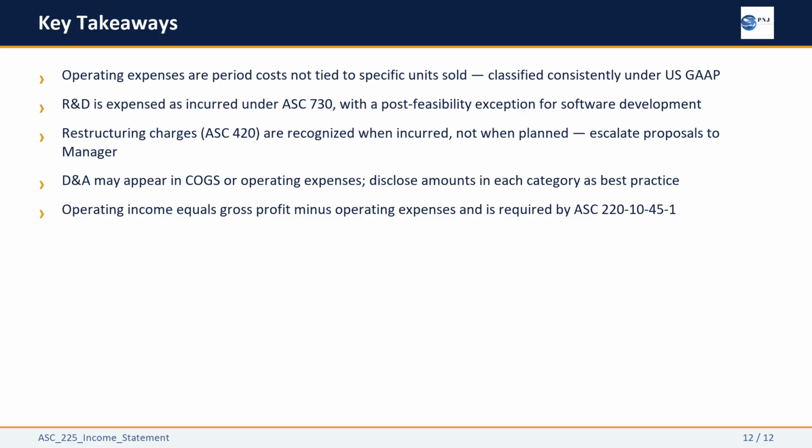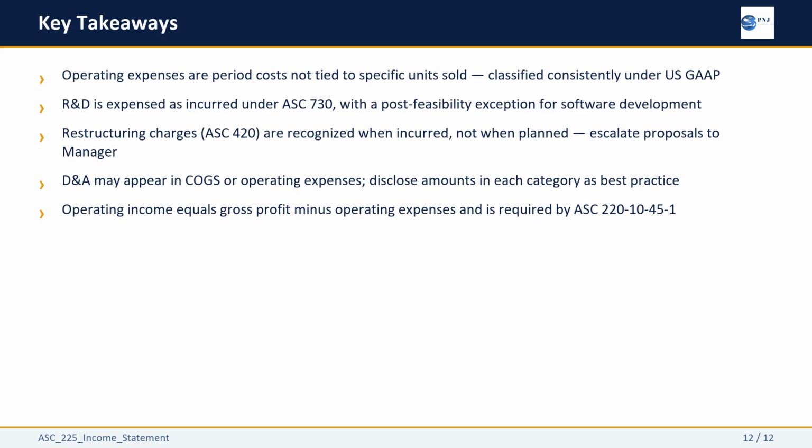Let us pull the key points together. Operating expenses are period costs that cannot be directly assigned to specific units sold, and US GAAP requires consistent classification and disclosure. R&D is expensed as incurred under ASC 730, with a narrow exception for software costs after technological feasibility.